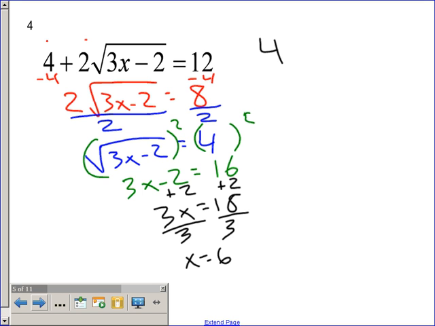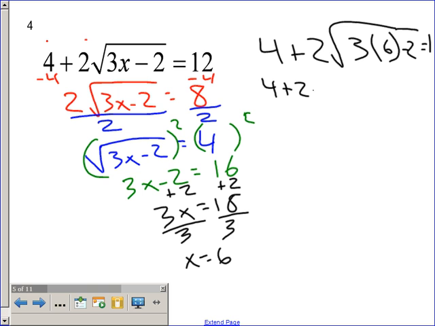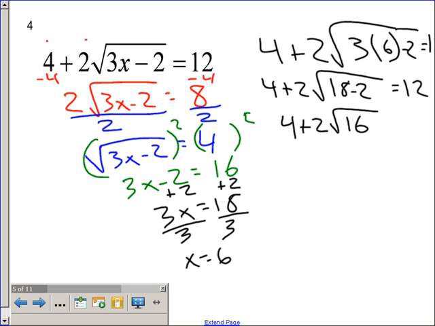So I do 4 plus 2 times the square root of 3 times, and in here, my answer was 6. So I put in a 6 minus 2 equals 12. So, 4 plus 2, we do the 6 times 3, which is 18 minus 2, equals 12. 4 plus 2, the 18 minus 2 is 16, equals 12.